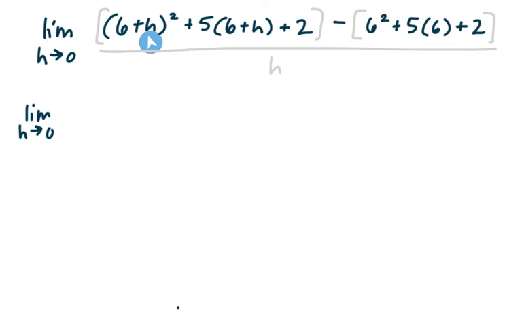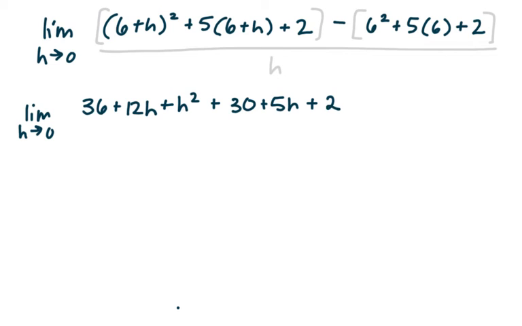If I FOIL this first, 6 plus H squared, that is 36 plus 12H plus H squared. Distributing, I have 30 plus 5H plus 2.